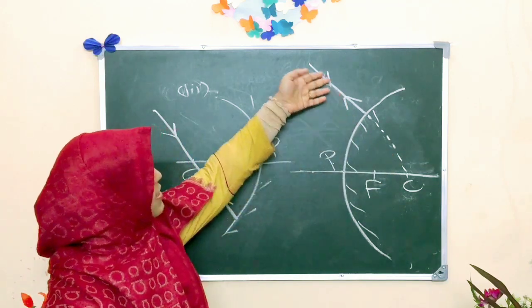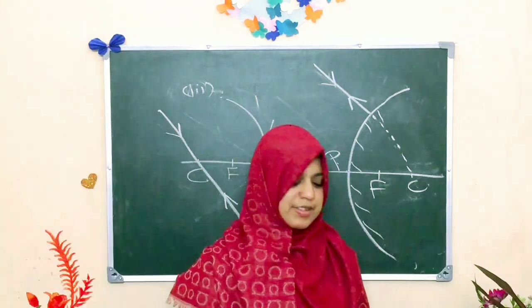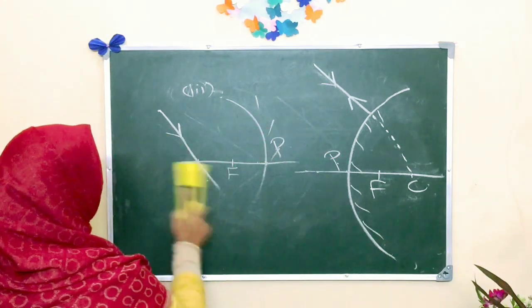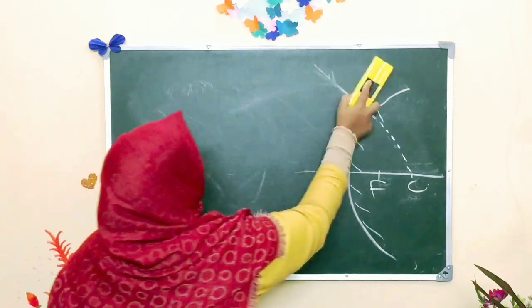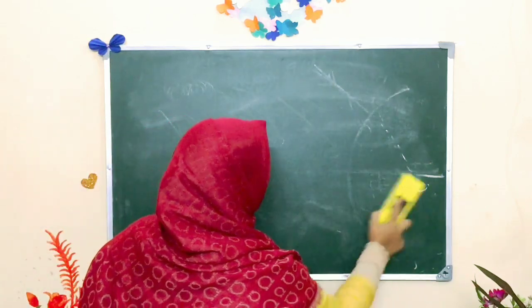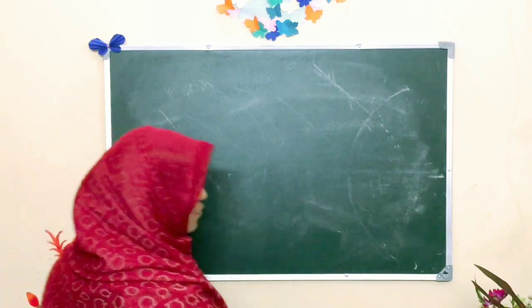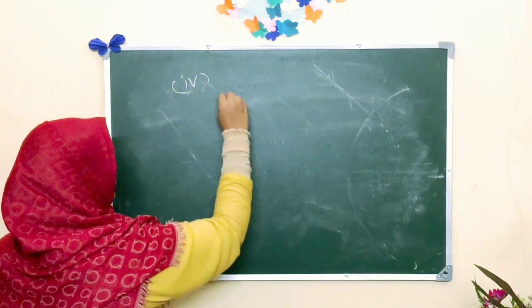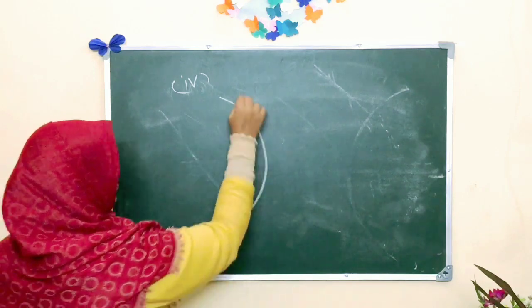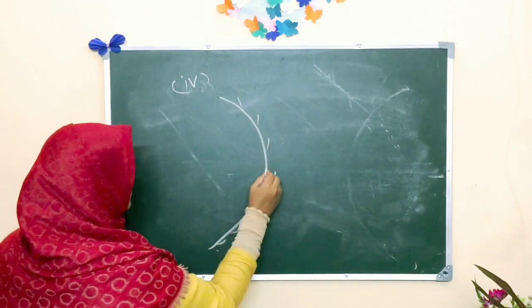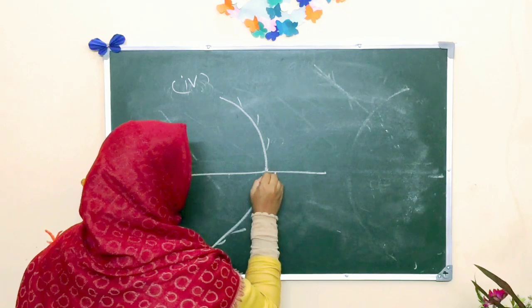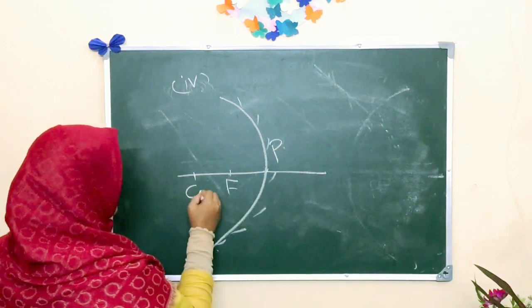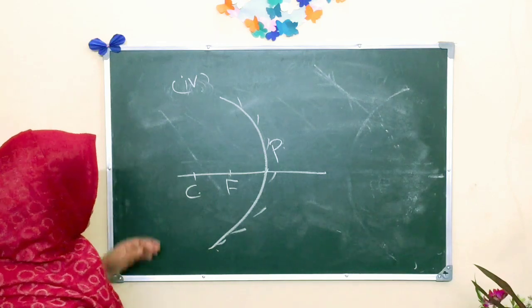Next is the fourth rule. Watch carefully. The fourth rule, that is the last one. Concave mirror, pole, focus, center of curvature.